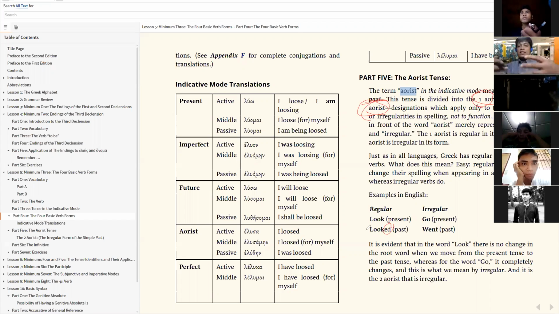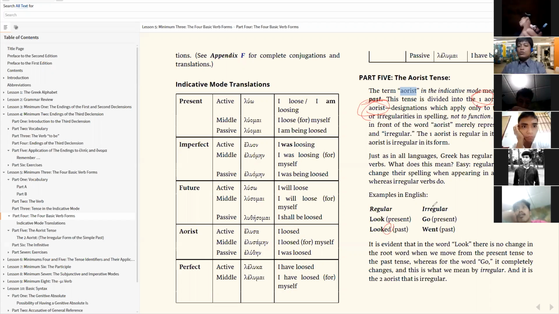But when it's past tense, you just add ed, it becomes looked. This is what you call the first aorist. However, there is an irregular verb. For example, the word go, the past tense, you do not say goed, no. But instead you change the spelling. You have the word went, go, went. That means to say, the went here is what you call the second aorist.